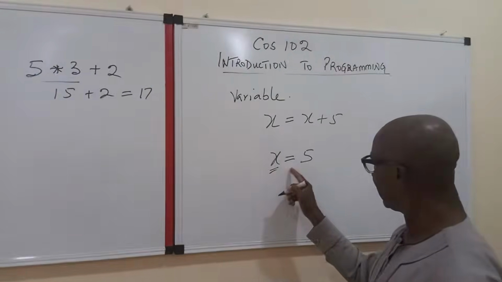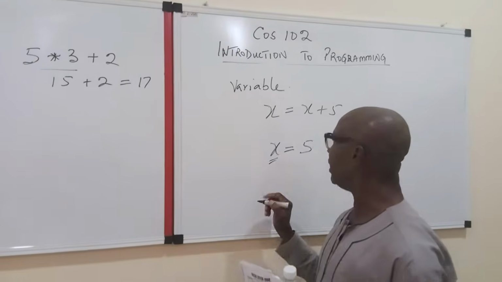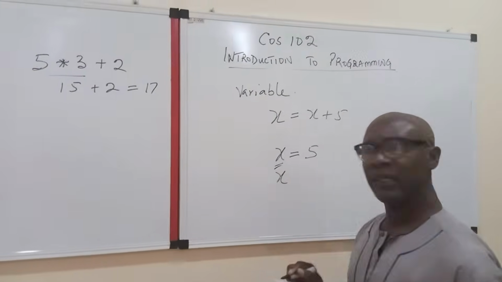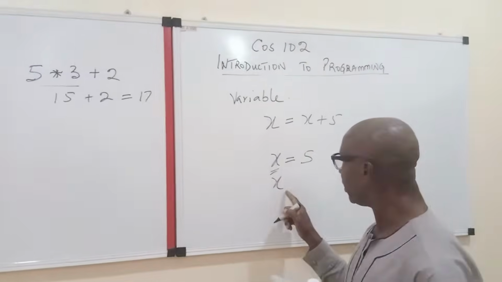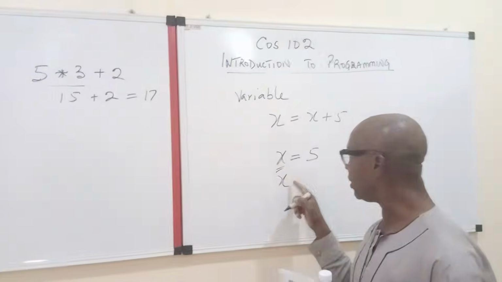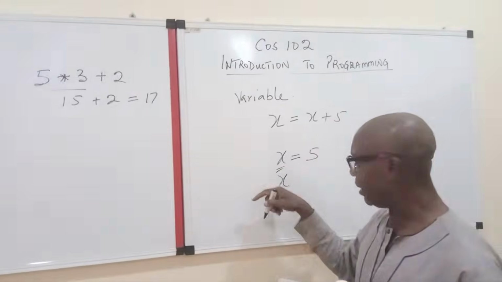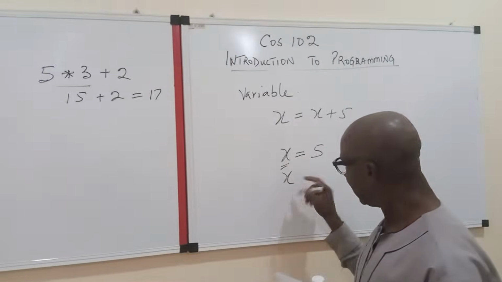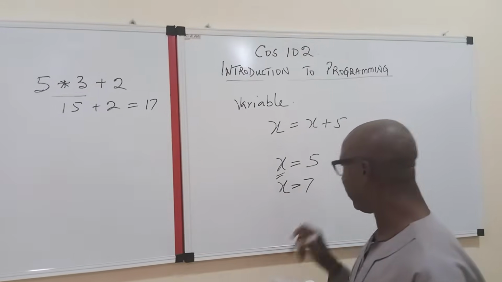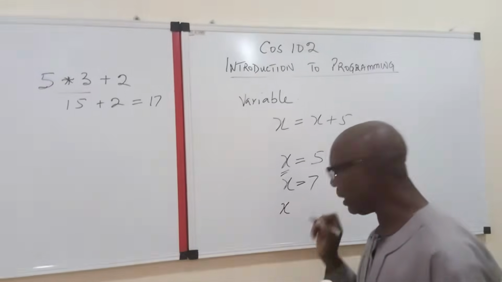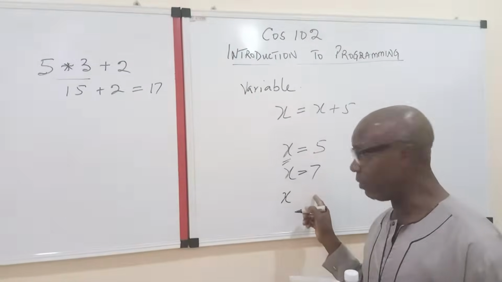So if we do x equals 5, and then we run x, it's going to give us 5, because 5 is contained inside x. But if you, after this, do x is equal to 7, and we run x, this time it's going to be 7.